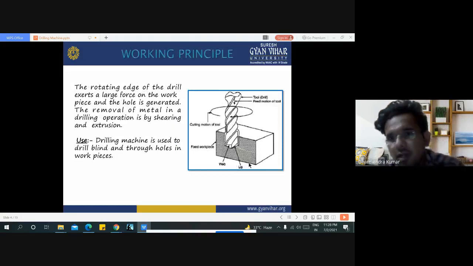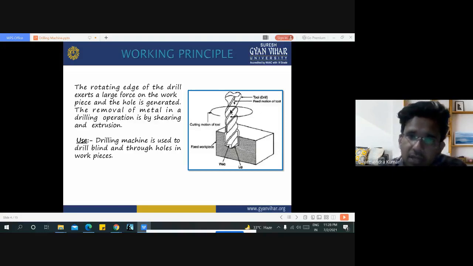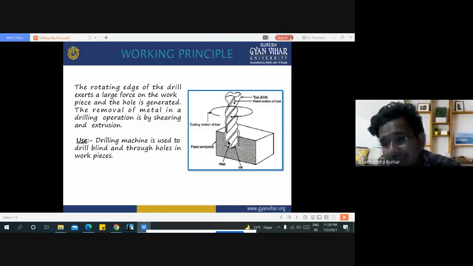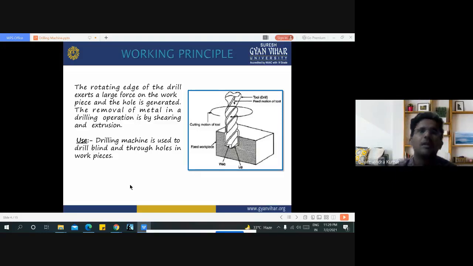Here is the picture of a drill bit or drill tool. It represents the cutting motion of the tool and the fixed workpiece, and here we can see in this picture how drilling is done with the help of the drilling machine.